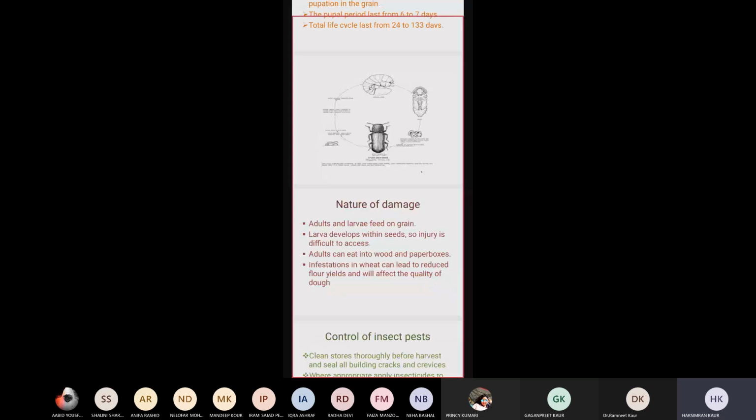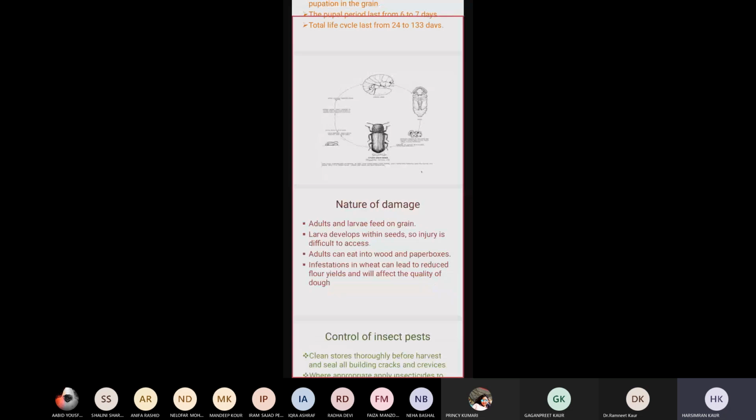Infestations in wheat can lead to reduced flour yield and will affect the quality of the dough. This stored grain insect pest, the lesser grain borer, usually attacks wheat where it affects the quality of the flour. It leads to poor quality of flour and this will definitely lead to poor quality of dough.